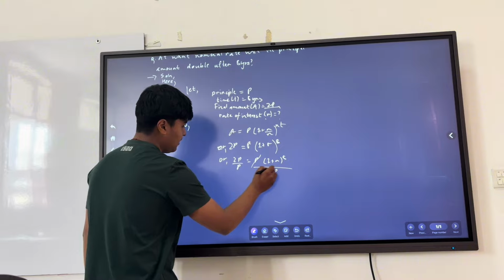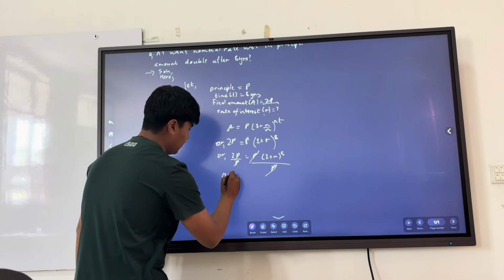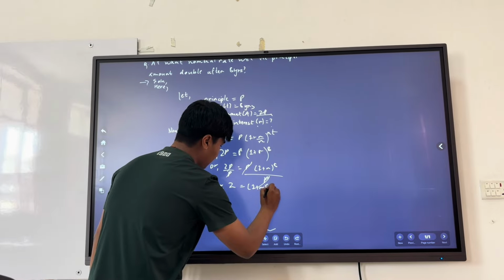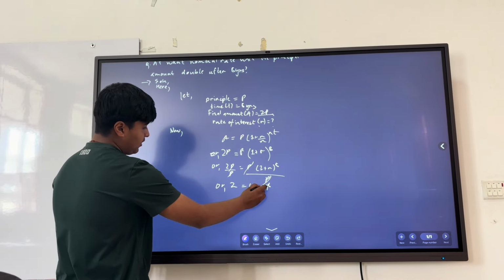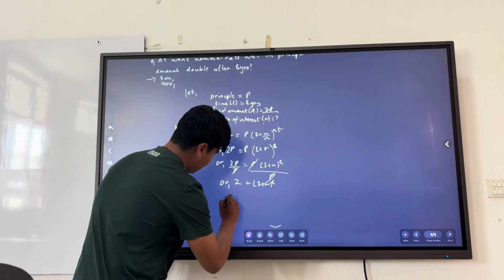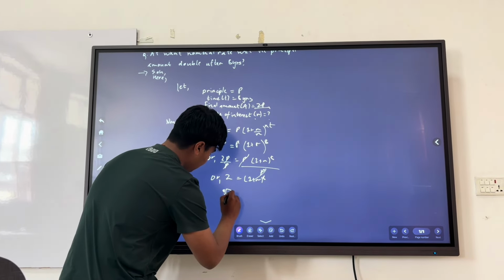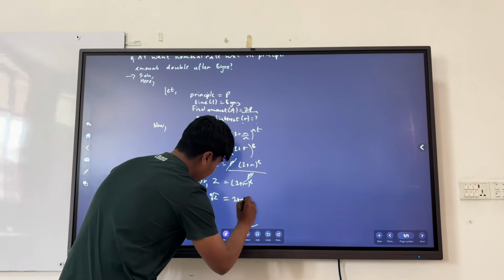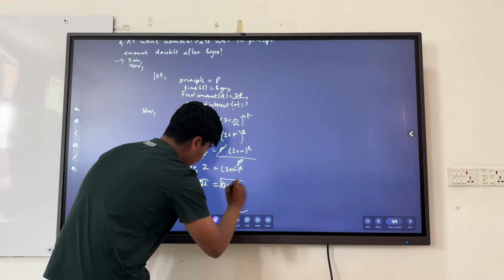So the P cancels out, P cancels out, and the remainder is 2 equals 1 plus R to the power 8. So to cancel out this power 8, we need to take the 8th root of both sides. That means we get 8th root of 2 equals 1 plus R to the whole power 8, 8th root.